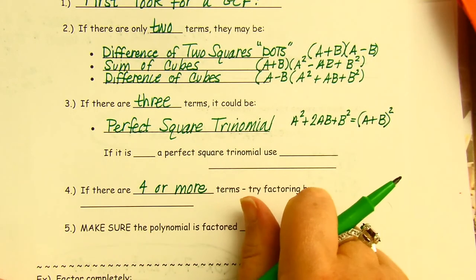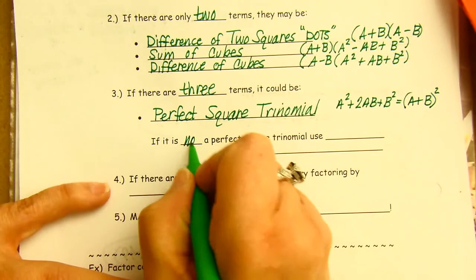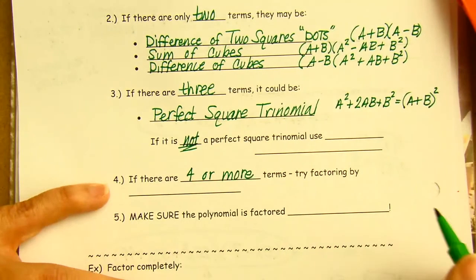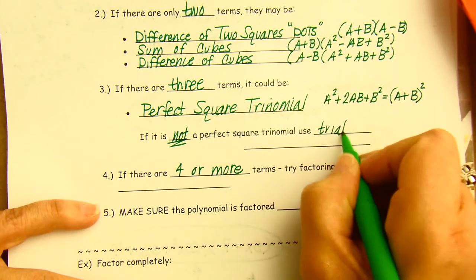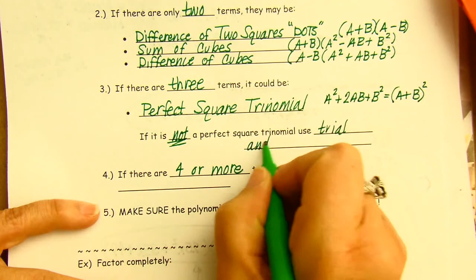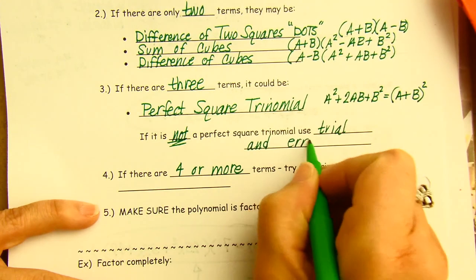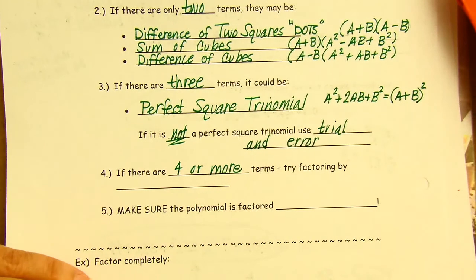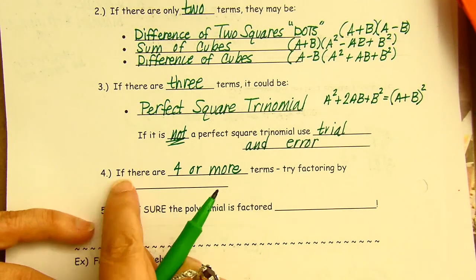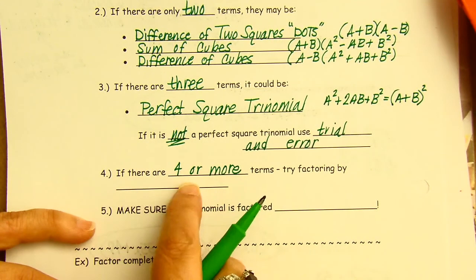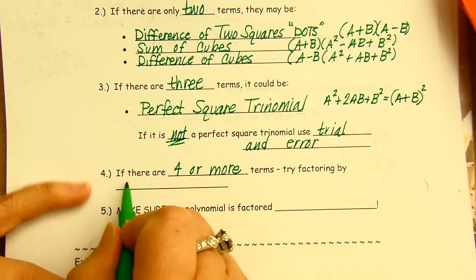If it's not a perfect square trinomial, you have to go back to that trial and error and test combinations, okay? I think those are the fun ones. And then if you have 4 or more terms, this was our grouping.